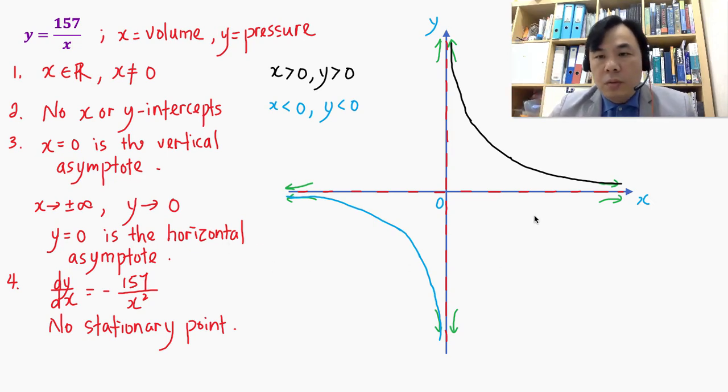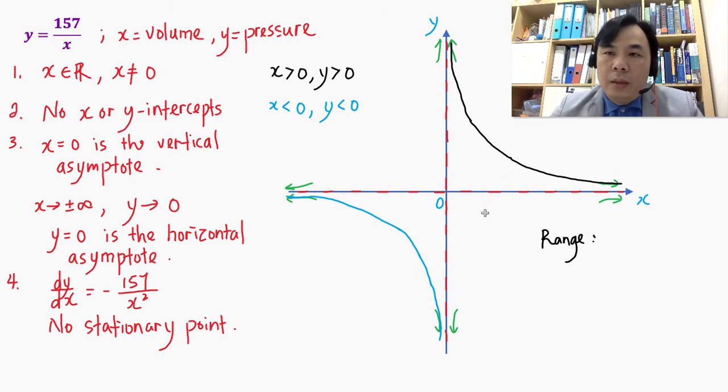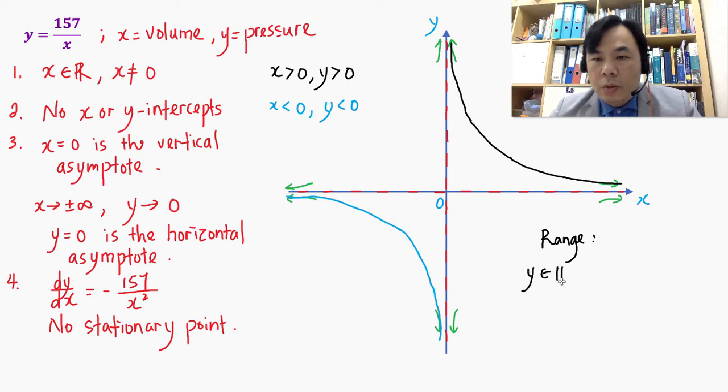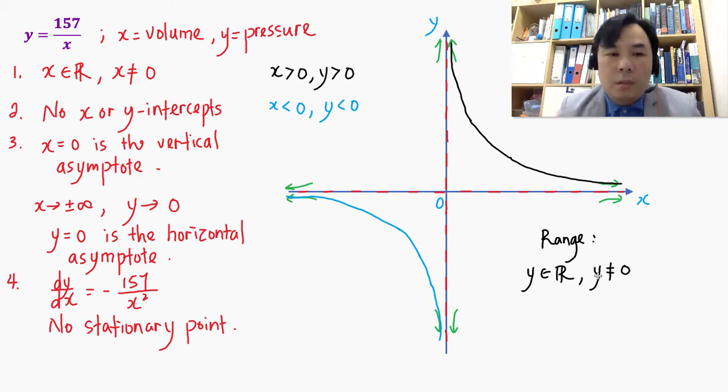The range, which can be observed quite clearly from the graph, is that y can be all real values except y equal to 0.